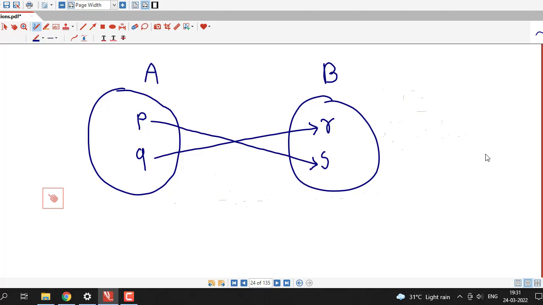And for an onto function, for every element of the codomain there must be some element in the domain which is its pre-image.